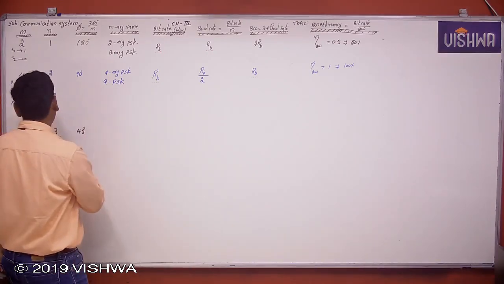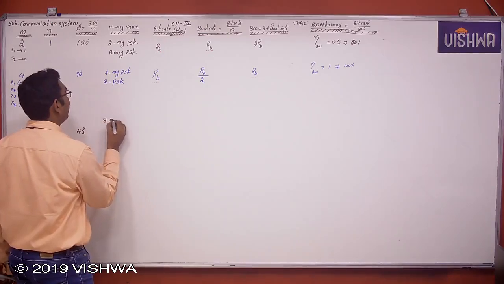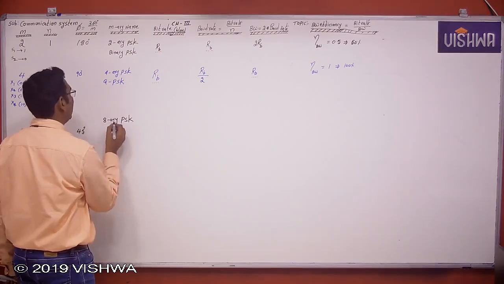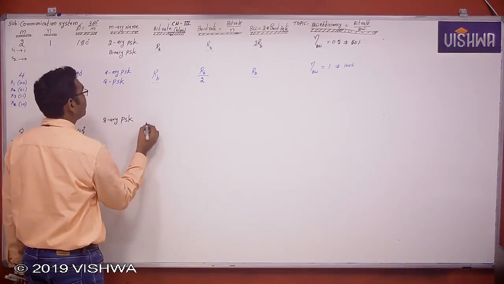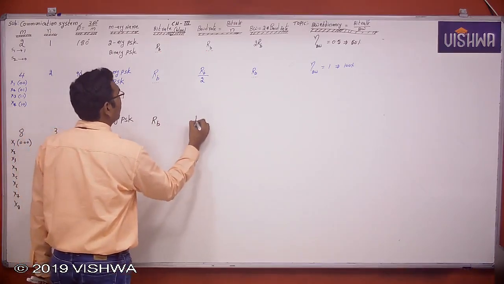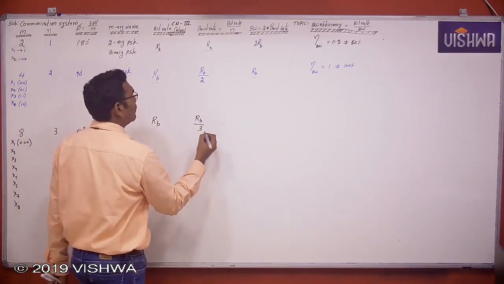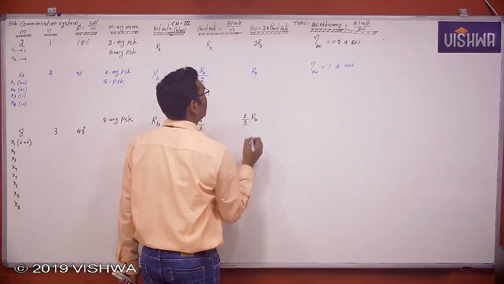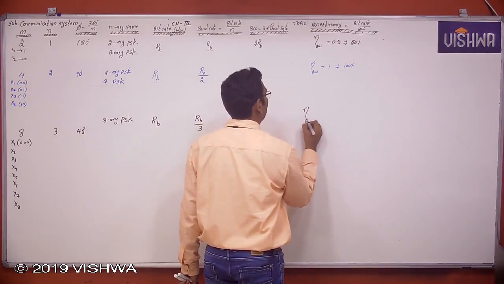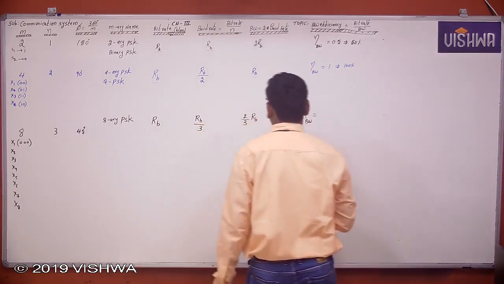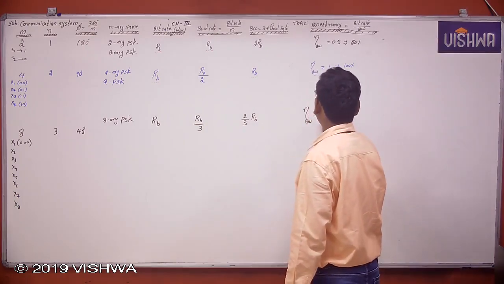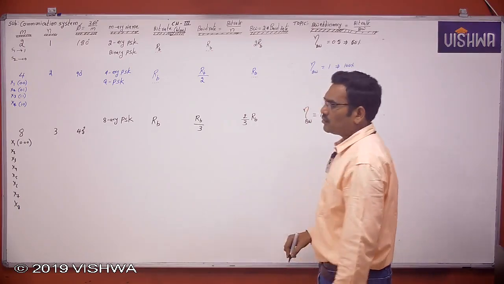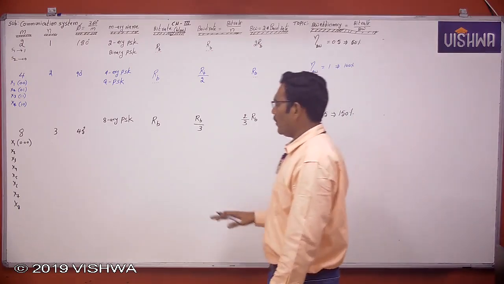This is 8-ary PSK, or 8 PSK. Bitrate is RB, baud rate is bitrate by n, bandwidth is twice the baud rate. Bandwidth efficiency is bitrate by bandwidth, 3 by 2, 1.5, which is 150%.